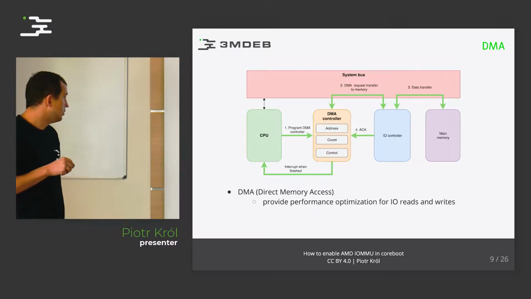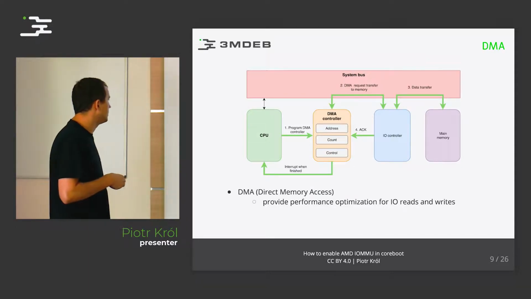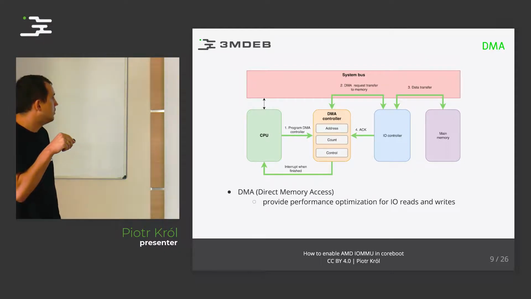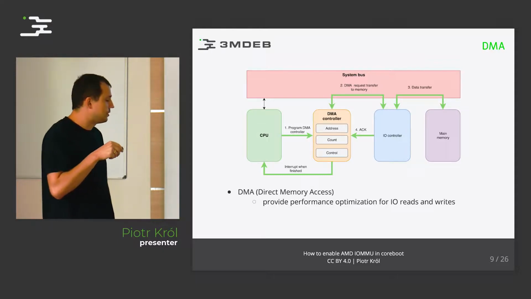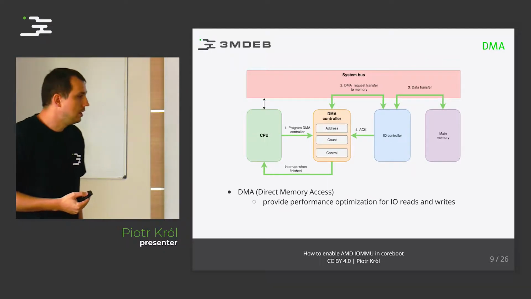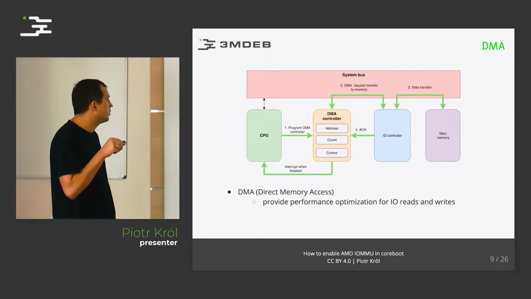So what does a typical DMA work cycle look like? First of all, some program running on the CPU has to configure some fields in the DMA controller. There are various things that we may configure because there are various DMA controllers, but most likely we have three things: address, count, and control.